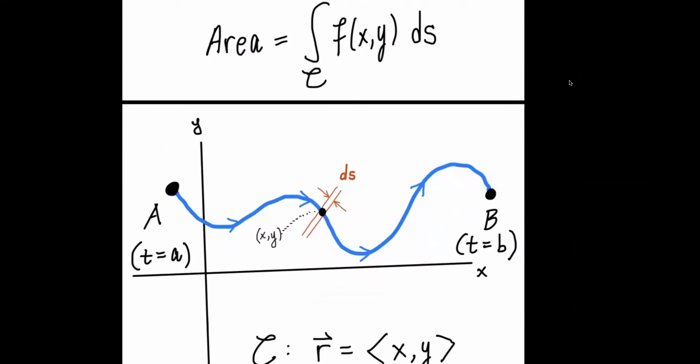If you blow up this picture, ds looks like the square root of dx squared plus dy squared, thinking about taking differential cuts this way and this way. Zooming in on this picture, you'll remember that the picture you get looks like that. We did this before: dx, dy, and then ds.